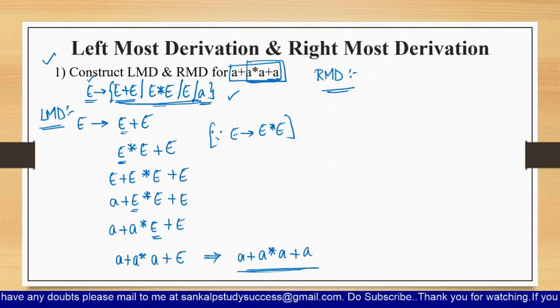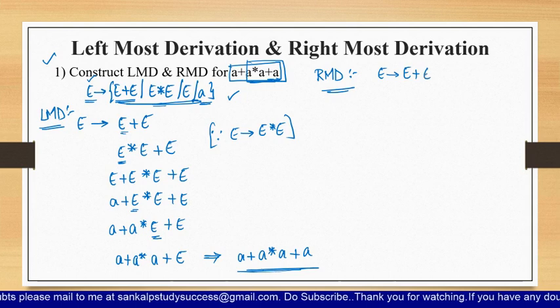So here now let us solve it for rightmost derivation, where E tends to E plus E is the production which we have. In the rightmost derivation, we are going to substitute for the rightmost non-terminal, which is nothing but E in this case. This E, not the left E, which is the right E.